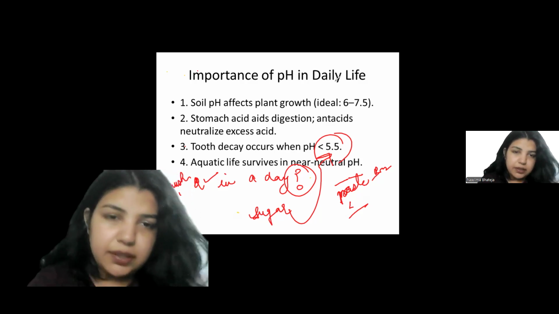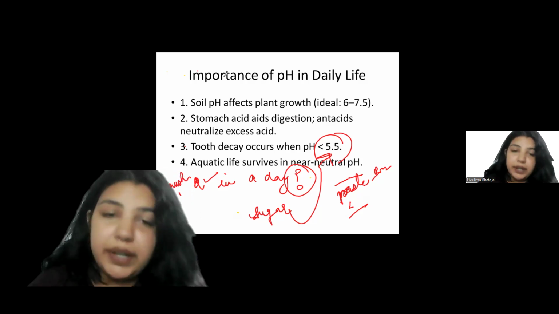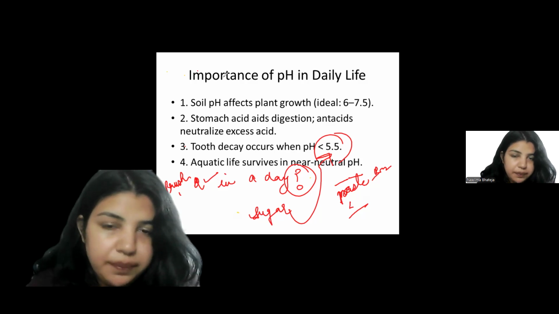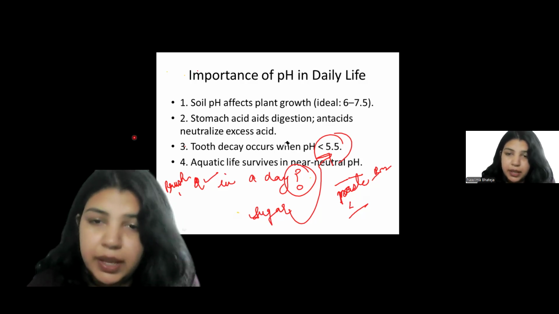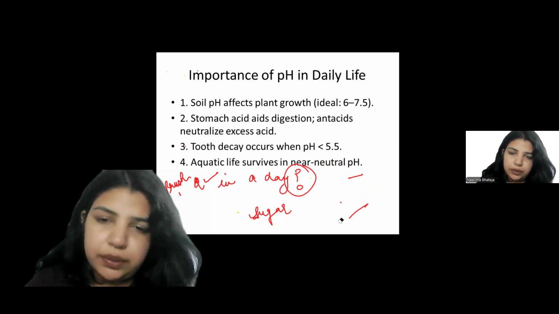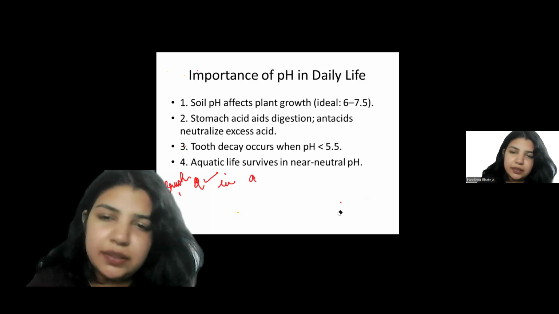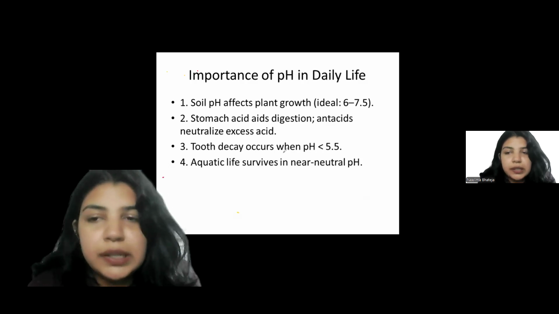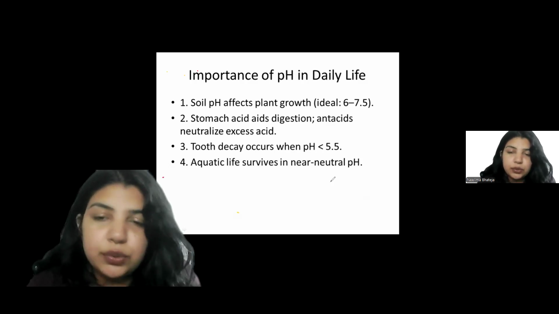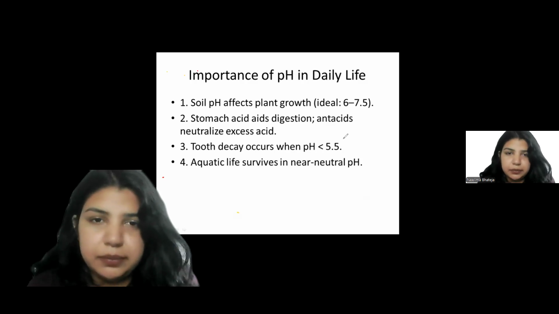Next, aquatic life: the survival of plants or animals who live in water. Water may be a little alkaline or a little acidic, but it should be nearly neutral.